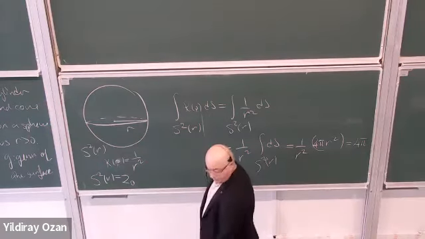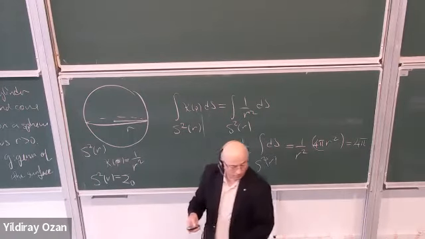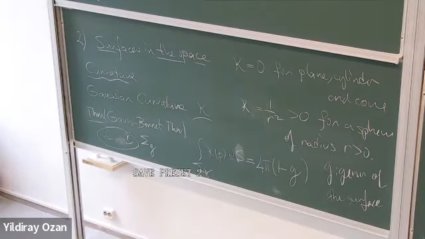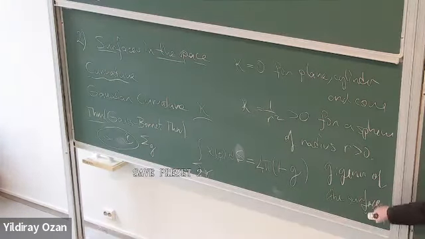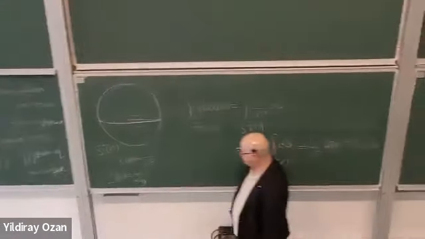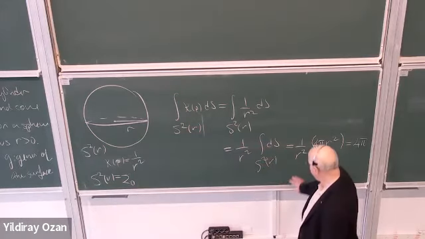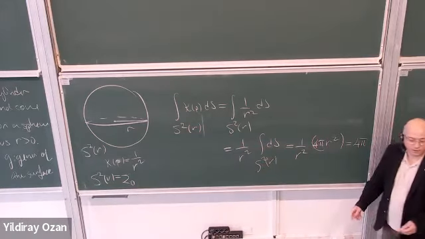Of course, I have to be careful, right? G is the genus of the surface, and for the sphere the genus is 0. So this integral is 4 pi.